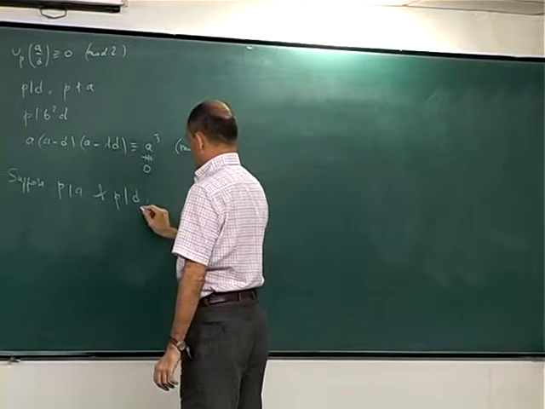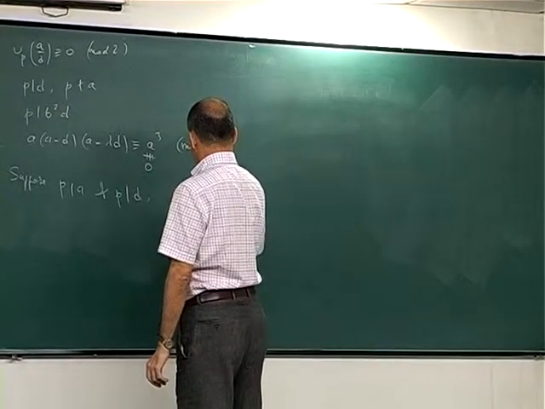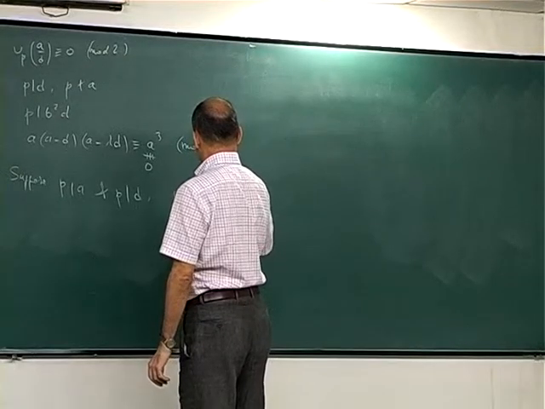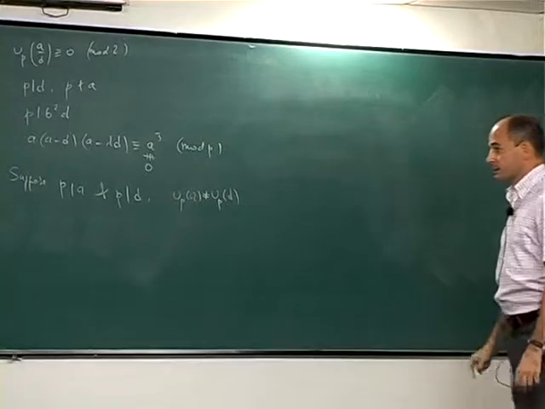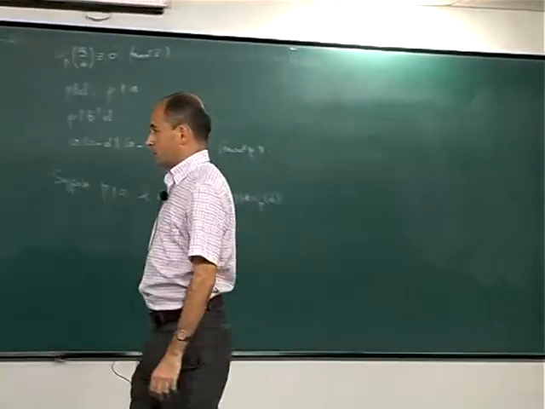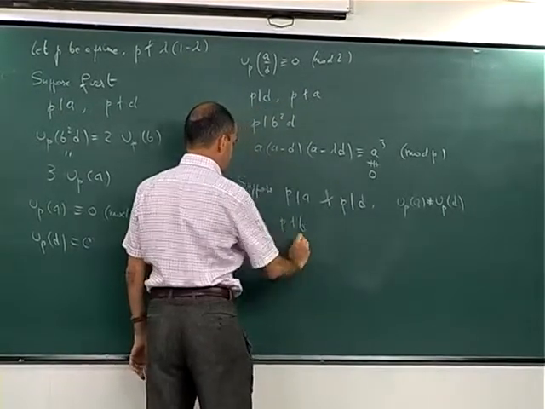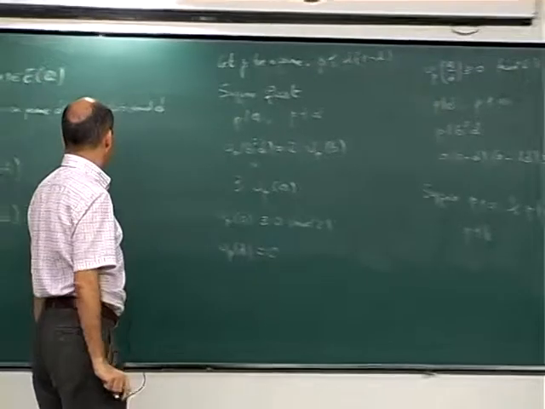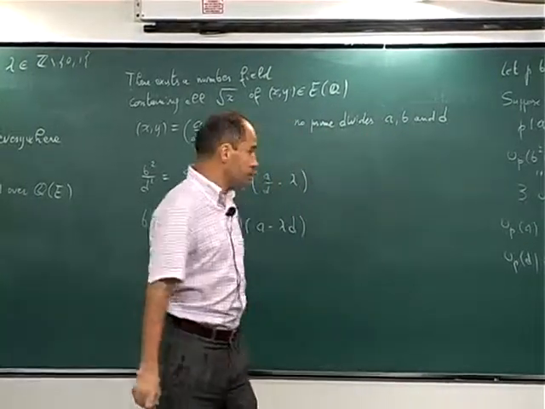So first subcase is that they have distinct multiplicity. So note that in this case, P does not divide B because no prime divides all the three.